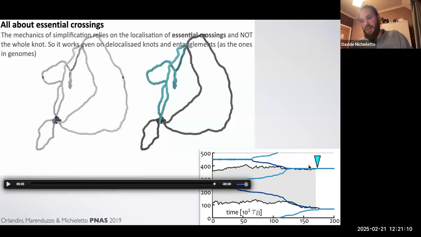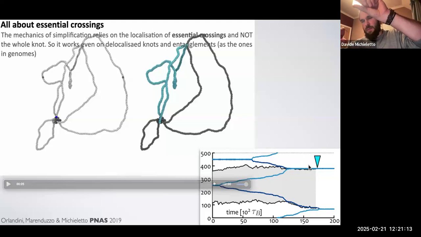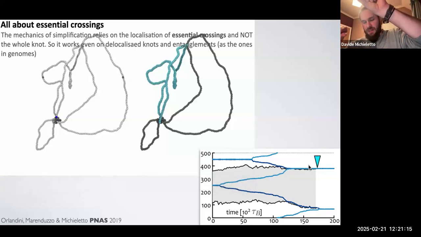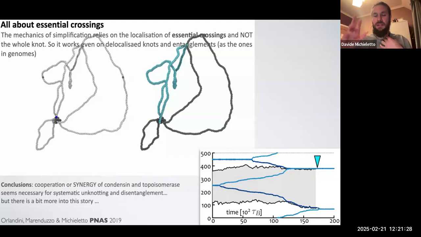So what the loop extruders have done is to localize the essential crossings of the knot, rather than the whole knot itself. And also in this case, eventually you get systematically unknotted. So it's not only knot localization, but about localizing the essential crossings.